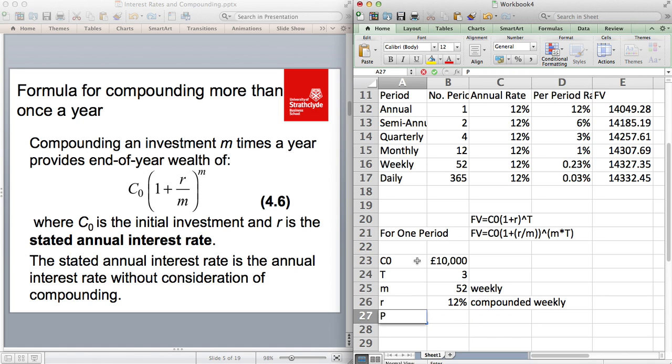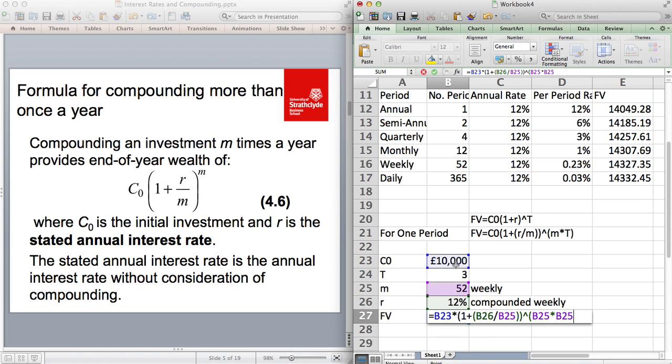So what's the future value? Future value is equal to, we're going to use this formula, C naught times 1 plus 12% divided by M to the power M times T.